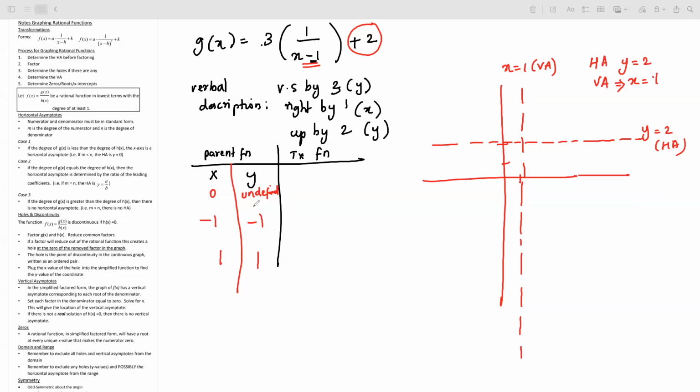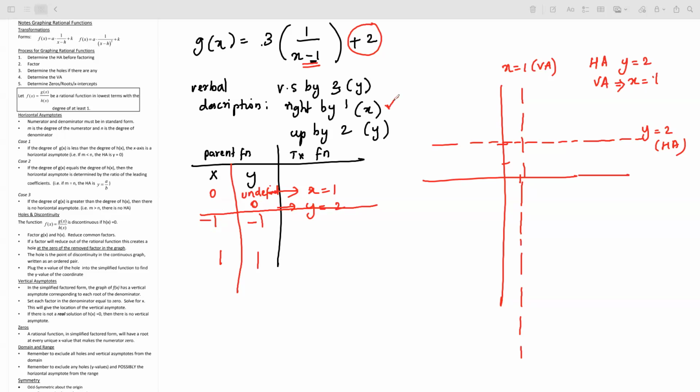So x equal to 0 moves to x equal to 1, and y equal to 0 moves to y equal to 2. Can I go ahead? Now I want to plot my reference points. See here, how did the x change?